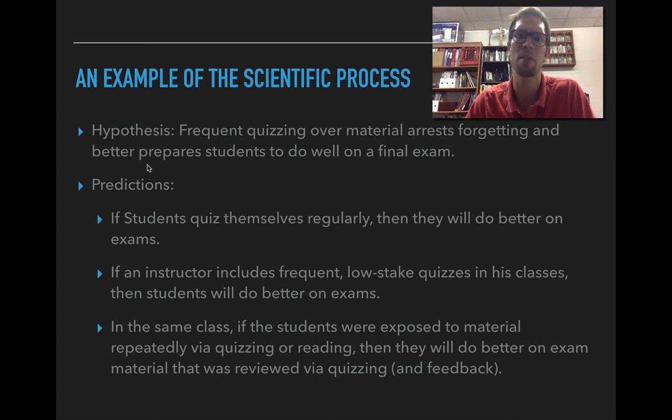So a theory can be thought of as a mental model that really explains some aspect of the natural world very well, and it's really one of the top tier things that we reach for in the sciences.